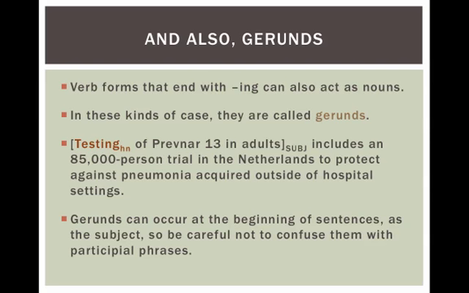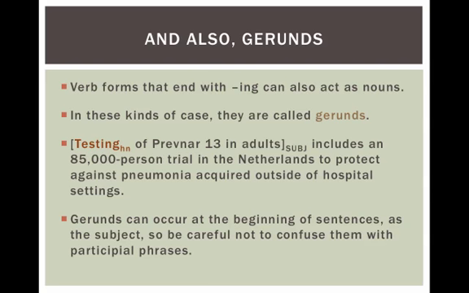And this is another trick. -ing verbs can also act as nouns, and we saw that in one of the quizzes. A sentence like, running makes my head hurt. So we're treating running as a thing rather than an action. They're called gerunds in that case. This is just for completeness. I'm not going to be asking you questions about gerunds, though I'm sure you've had to identify some gerunds in subject positions. So this example in the 3rd bullet point, that's a gerund.